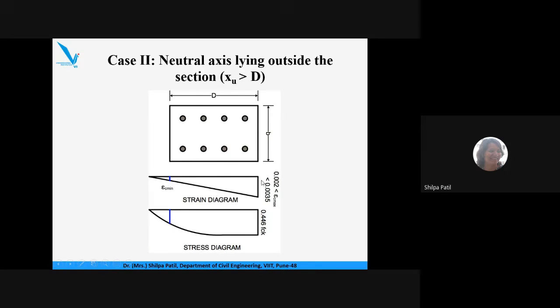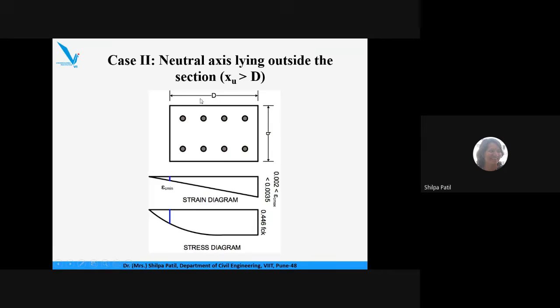Now what is the strain value in this? It will range between these two. It is greater than 0.002, but it is less than 0.0035. Now what is this 0.0035? It is a strain developed in the column due to flexural action. So if there is a moment, there will be some strain developed due to that moment also. And that maximum value is 0.0035.